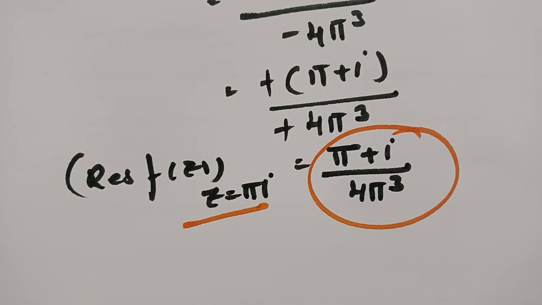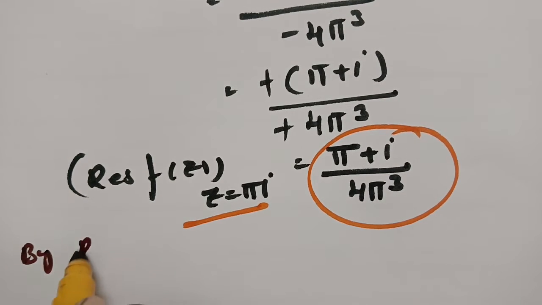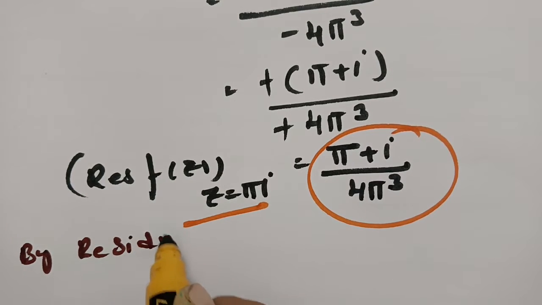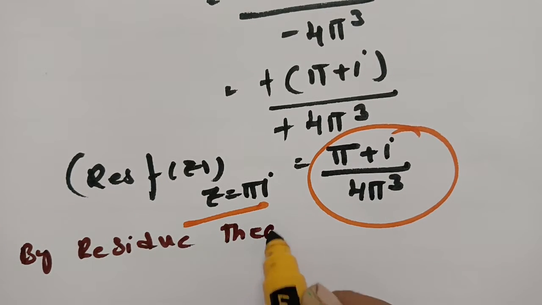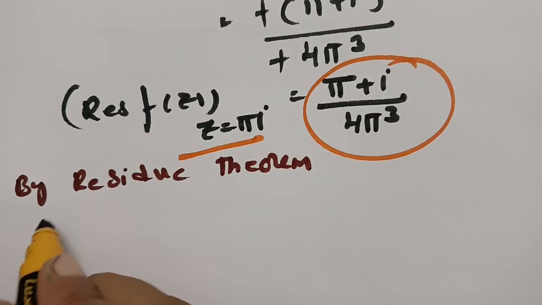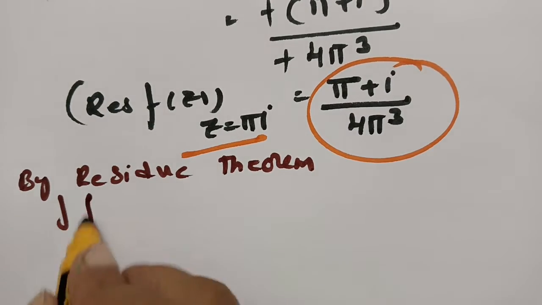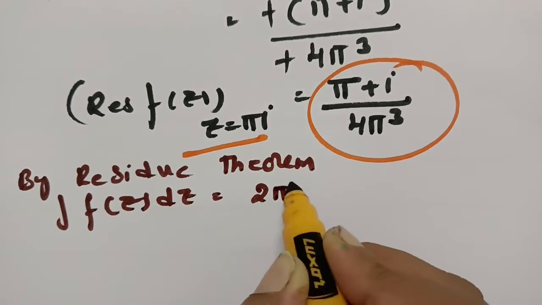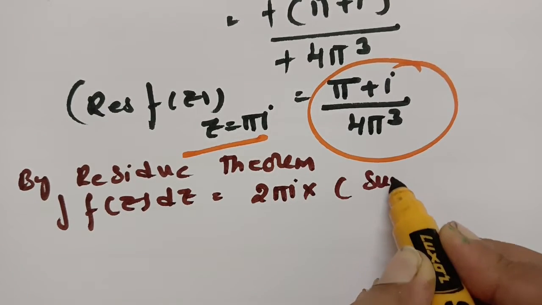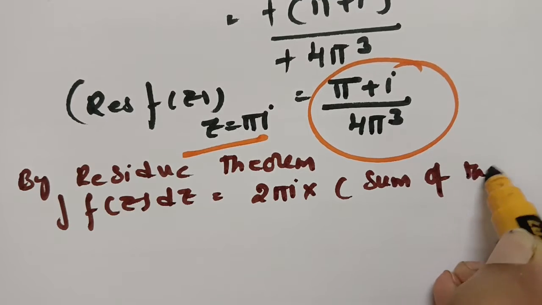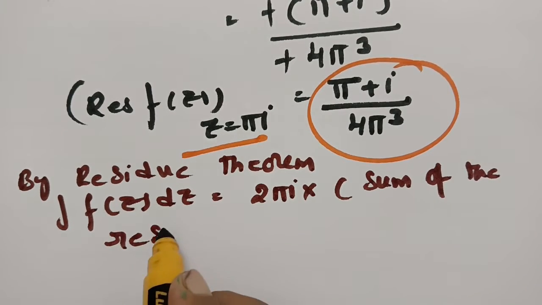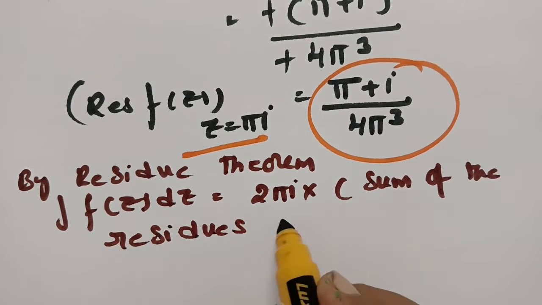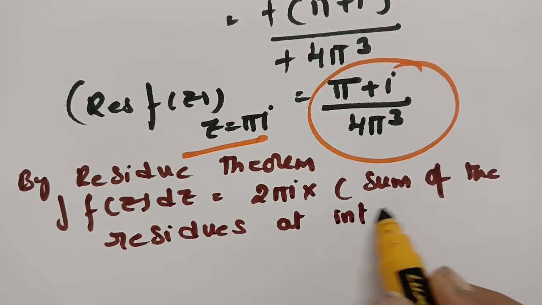Therefore, according to our residue theorem, what is our residue theorem? By the residue theorem, the integral of f of z dz is nothing but 2 pi I times the sum of the residues at interior poles.